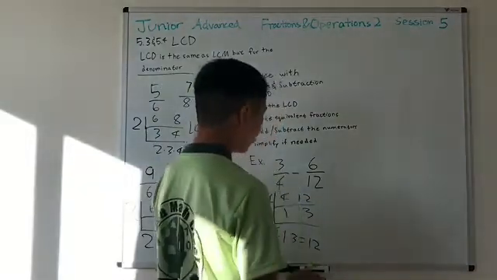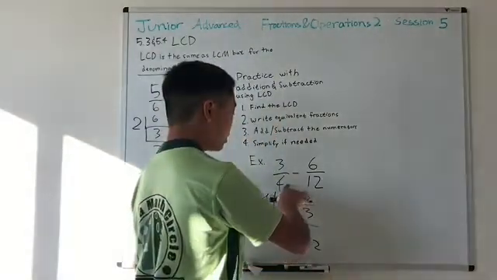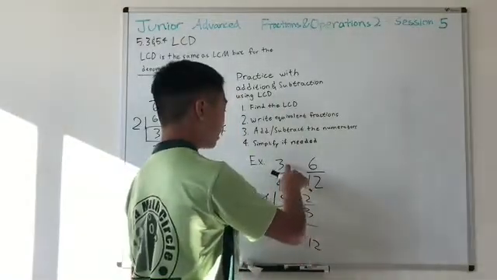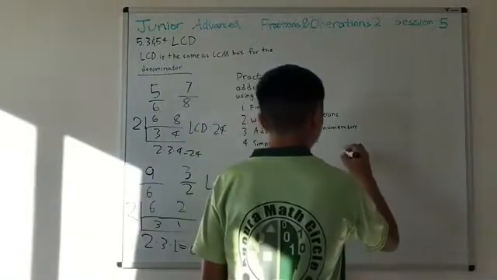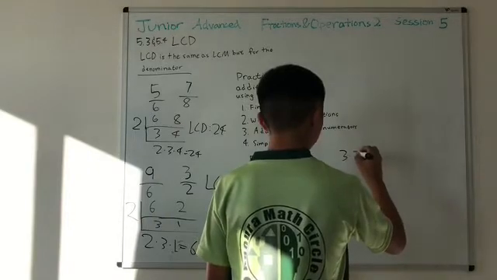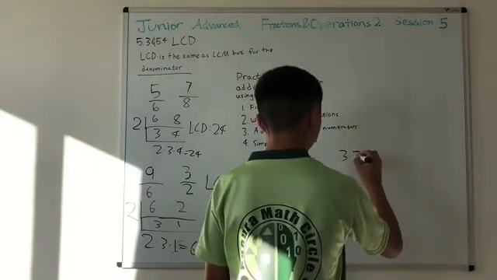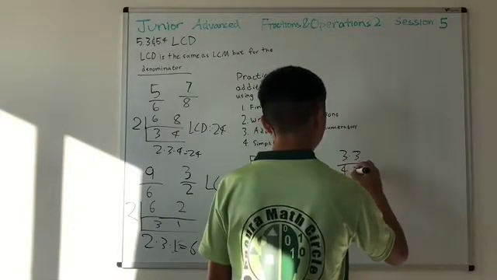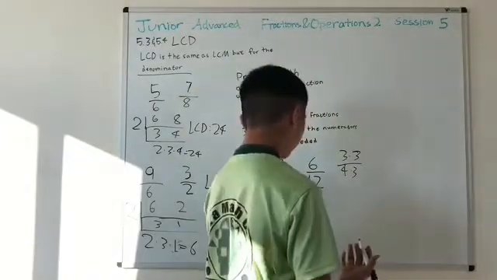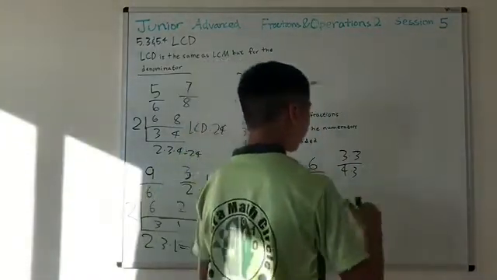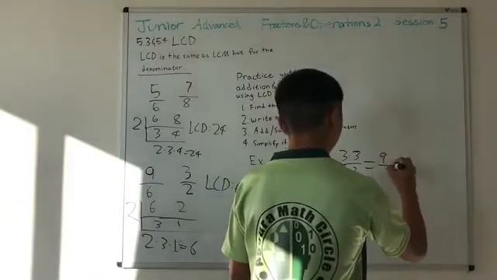So then we have to change this denominator over to 12 and this numerator to match it. So we have 3 over 4 times 3, because 4 times 3 equals 12, as we can see over here. And then that equals 9 over 12.